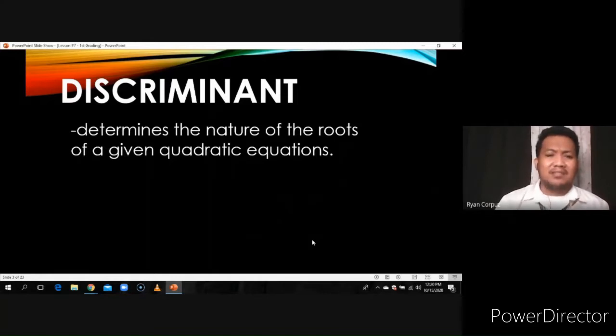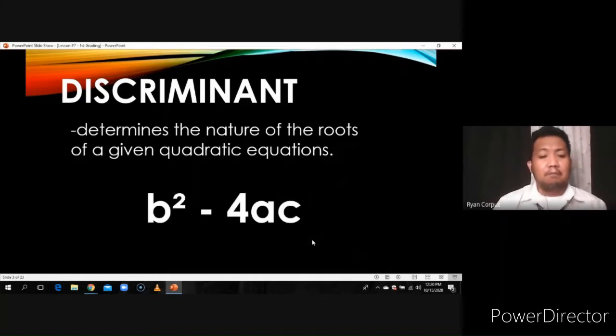The discriminant is the expression b squared minus 4ac. With the help of this expression, we can determine the nature of the roots of a given quadratic equation.